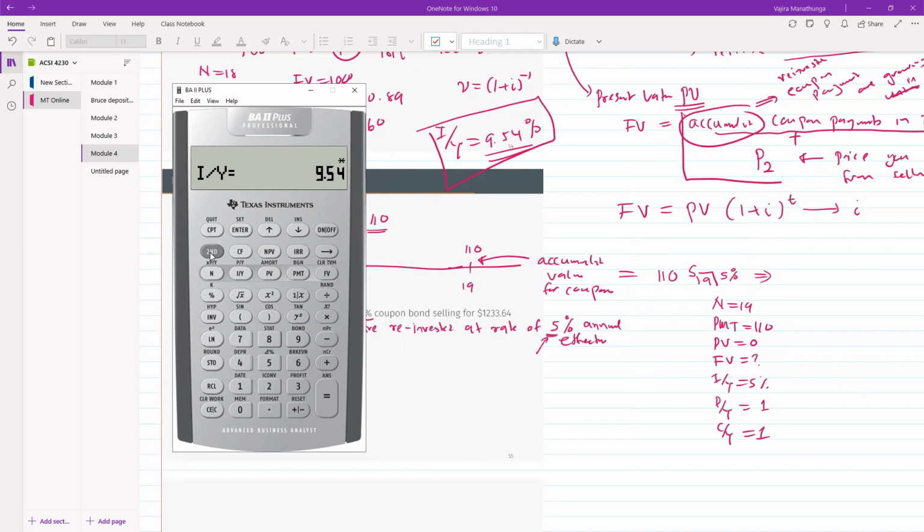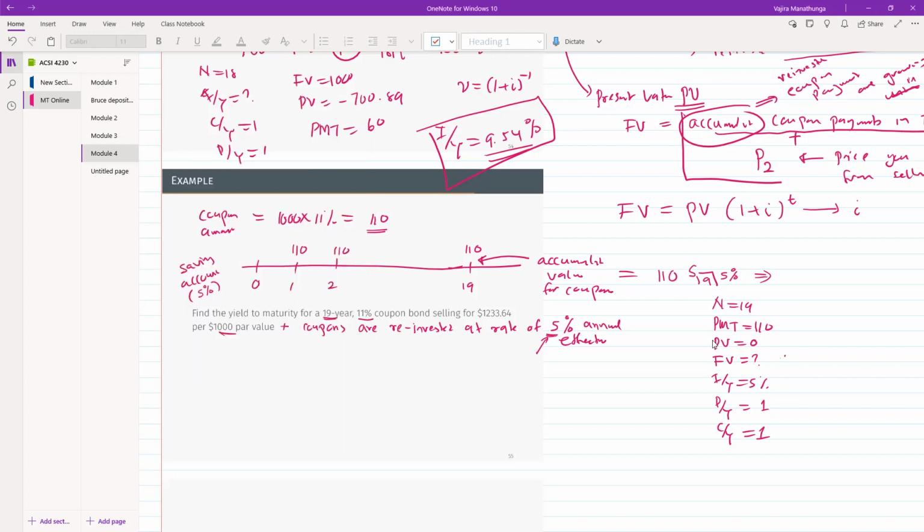Reset, enter. Now let's enter these values: 19 for N, 110 for payment, 0 for present value, 5 for I/Y, then compute future value. I would get 3,359.29. That's the future value.